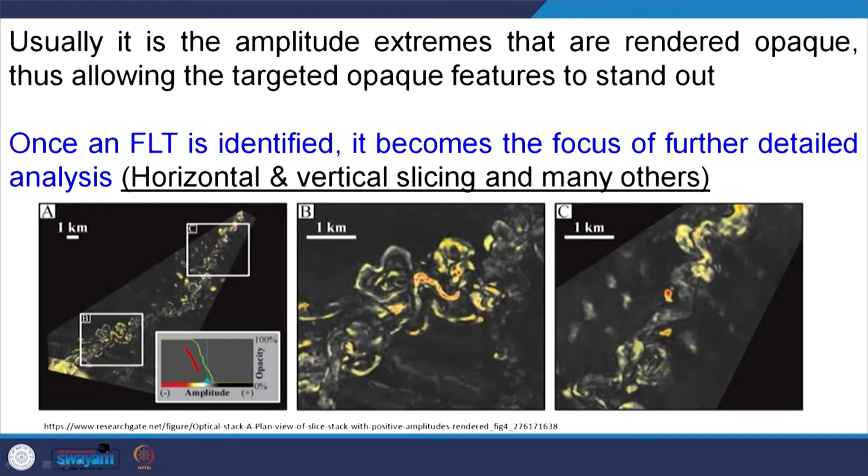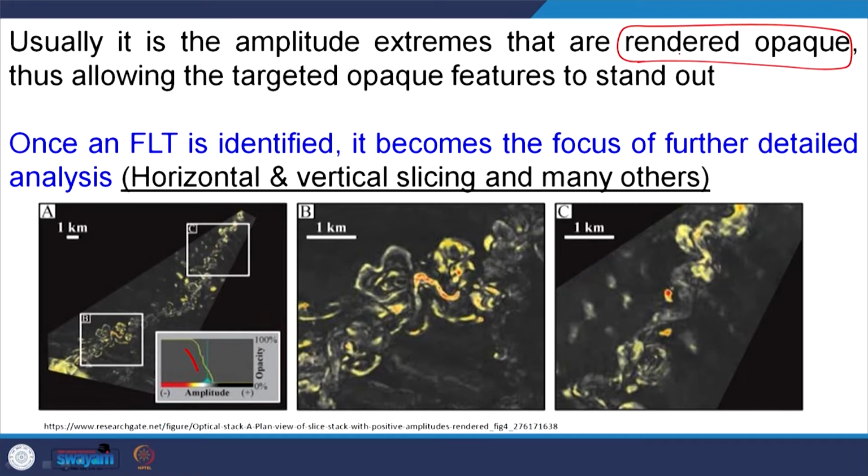Usually, it is the amplitude extremes that are rendered opaque, thus allowing the targeted opaque features to stand out. Generally, in standard operating procedures, the extreme amplitudes, either high amplitudes or low amplitudes, are rendered opaque.